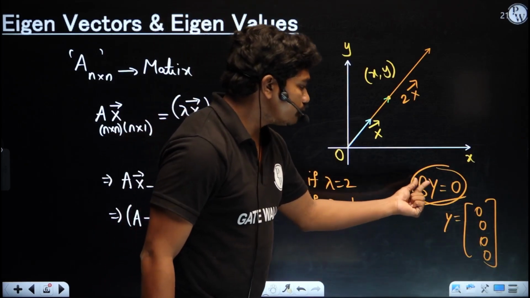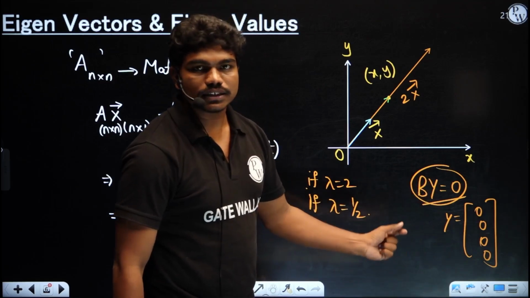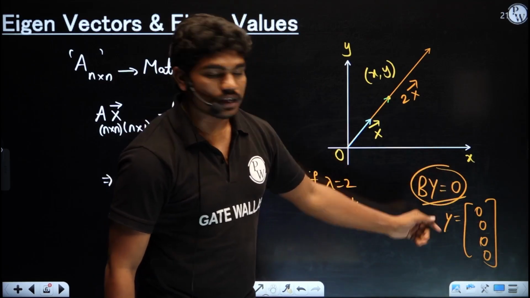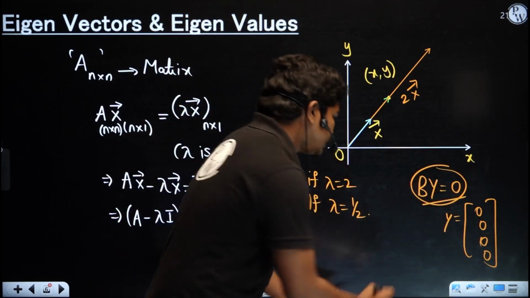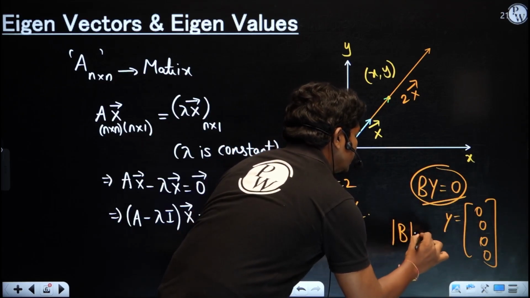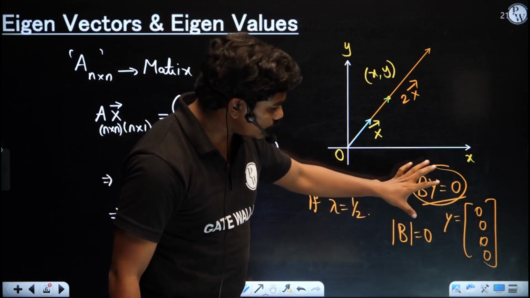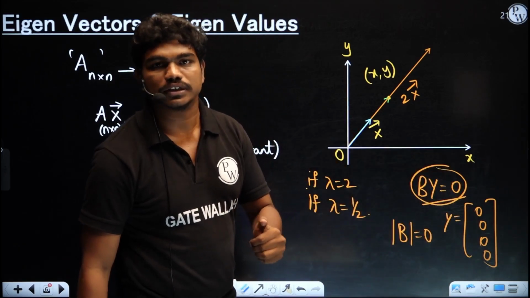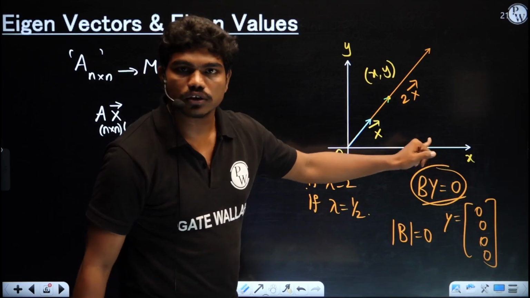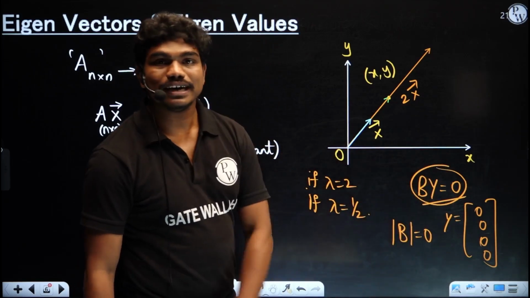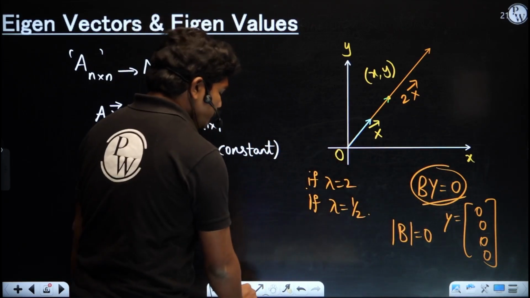Now, for not having a trivial solution, meaning for y to have other values apart from these zeros, the determinant of B should be 0. This is something we study from systems of equations. So for this system to have a non-trivial solution, the determinant of B should definitely be 0.